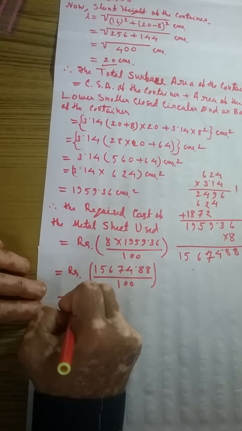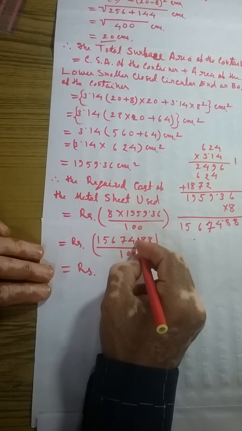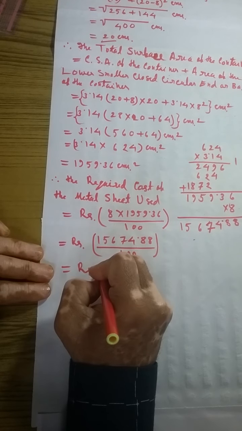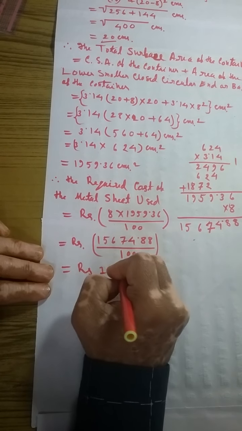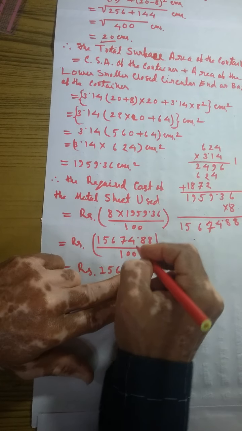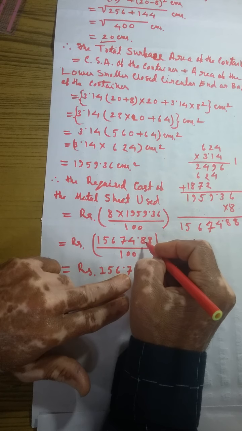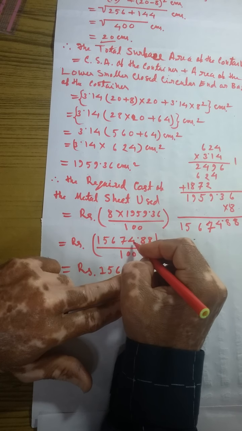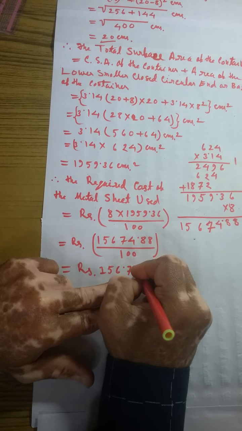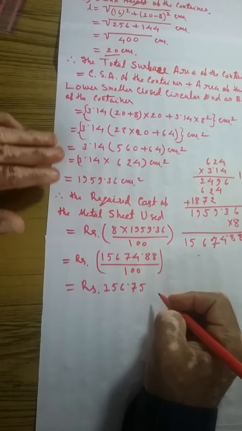This will be again equal to rupees, if we shift this decimal point by 2 places, it will be 156.7. Now this number 8 is greater than 5, so we can write the number 5 in place of this number, so it will be 156.75.